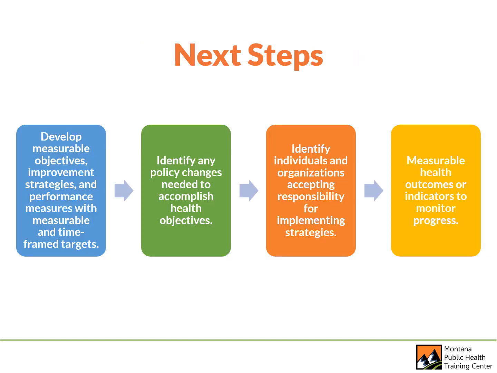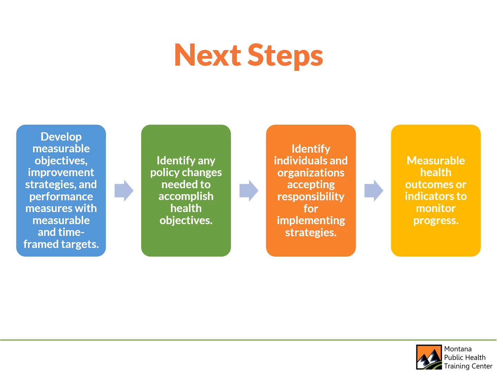So once we figure out what health concern or health issues we are going to include in our health improvement plan, we really need to figure out what are some measurable objectives, what are some strategies we're going to do to try to improve this health concern, how are we going to measure our success, and what do we hope to accomplish within a year, 2 years, 3 years. We also need to identify any policy changes.